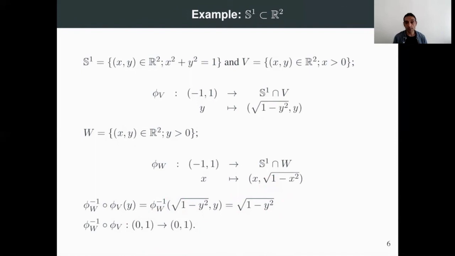And this diffeomorphism is even real analytic, because even if we have a square root here, the argument of the square root is never equal to 0; it is 0 just for y equal to 1 and minus 1, and those values do not belong to the interval.